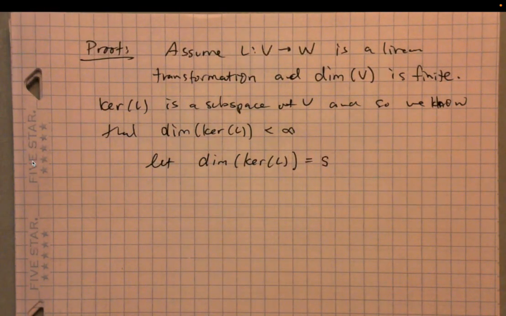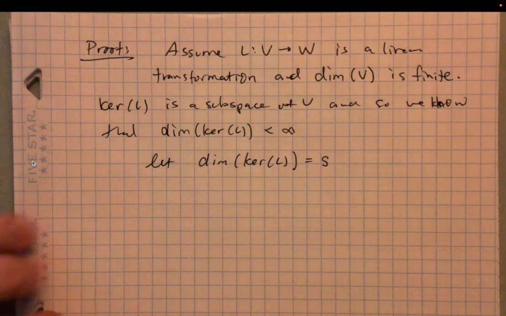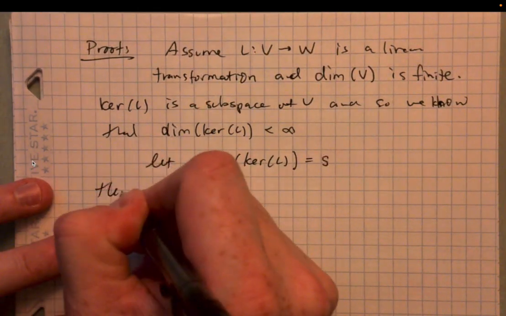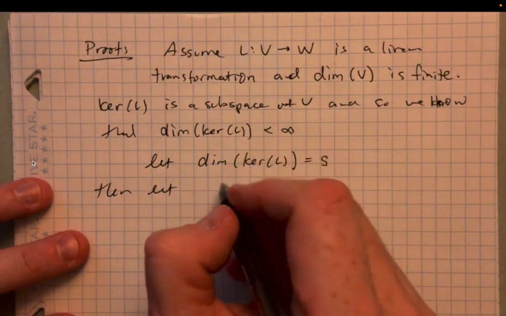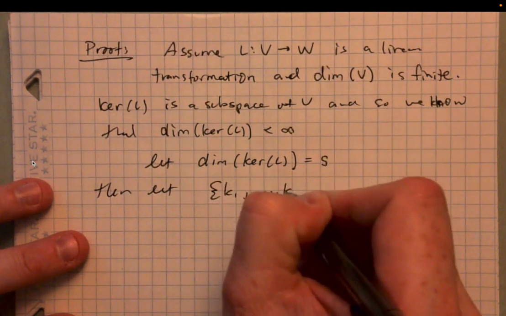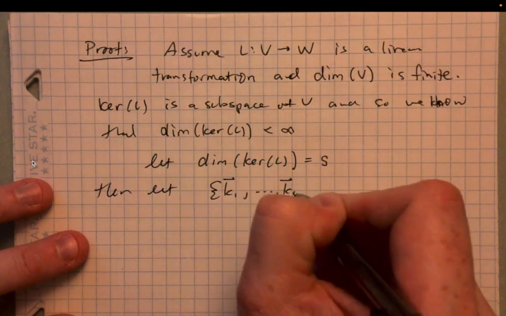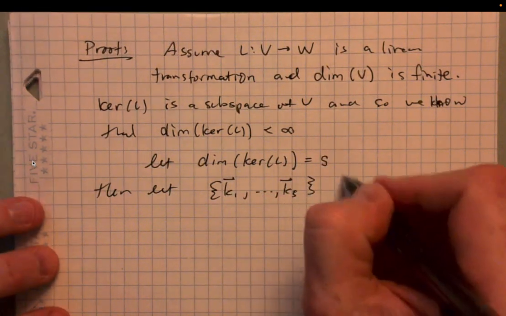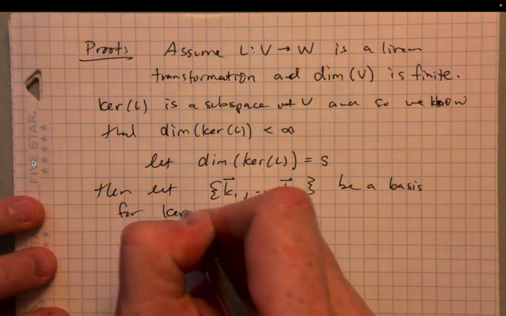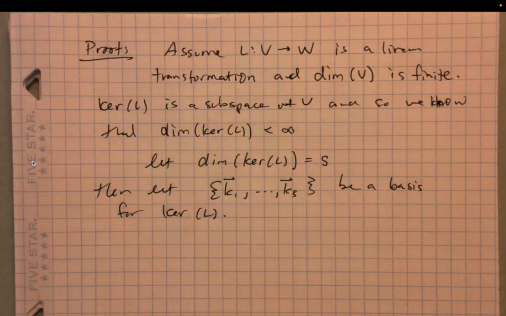Okay. And so if the dimension of the kernel is S, then any basis for the kernel is going to include S vectors. And so let's let k1 through ks be the set of basis vectors. Okay, so that's our basis for the kernel.